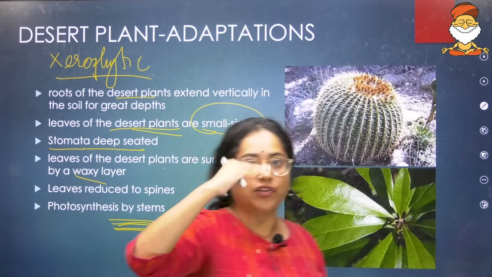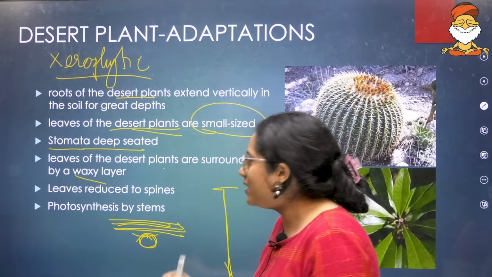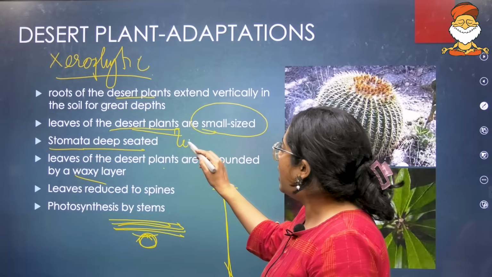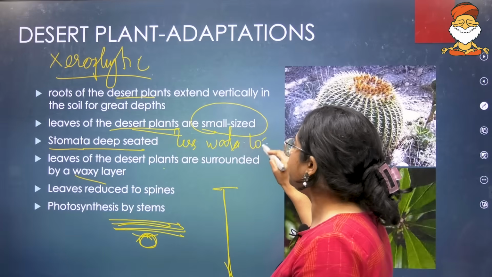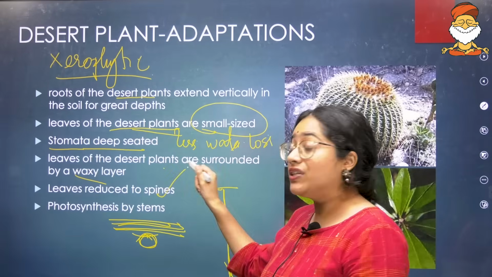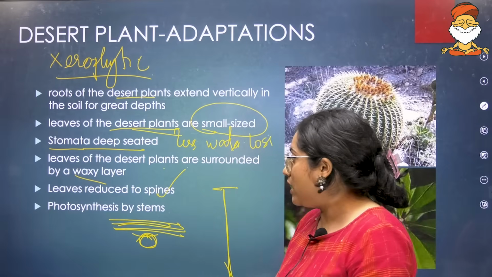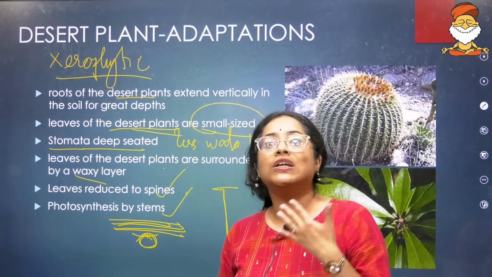One of the reasons is that when you have a waxy layer, the stomata can be deep-seated. Why should the stomata be deep-seated? Because there is less water loss. Okay, the leaves are reduced to spines so that there is not so much photosynthetic activity. In some cases, the photosynthesis happens by your stems.